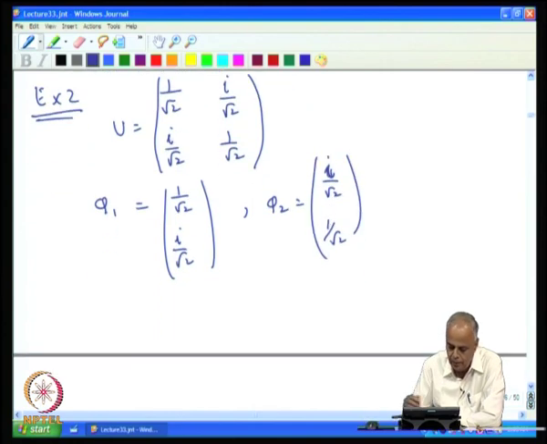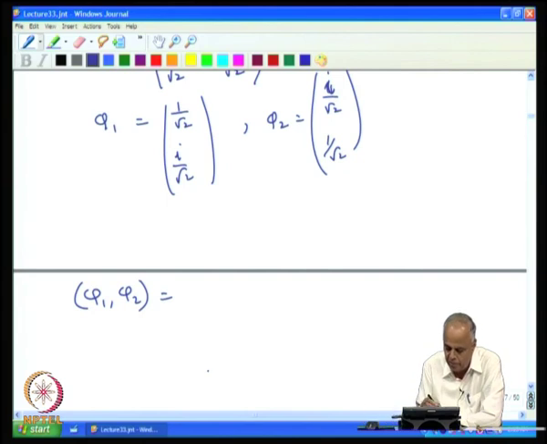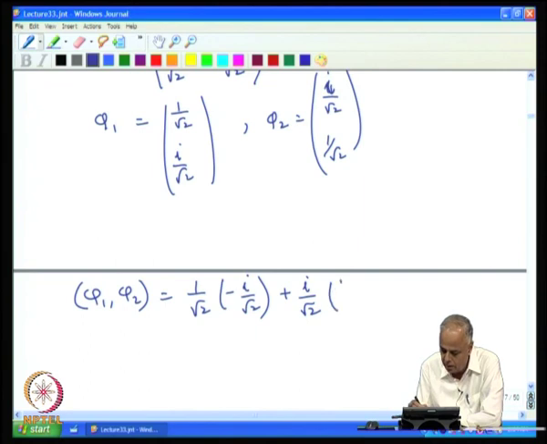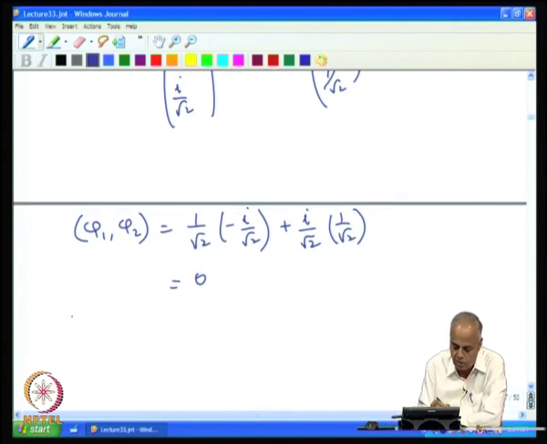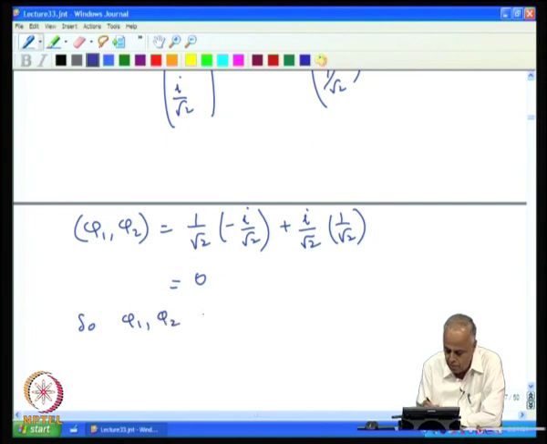Again, if we take the inner product of phi 1 and phi 2, we get the first component of phi 1 times the conjugate of the first component of the second vector plus the second component of the first vector times the conjugate of the second component, which is 0, and hence the vectors are orthogonal. So, phi 1, phi 2 are orthogonal.